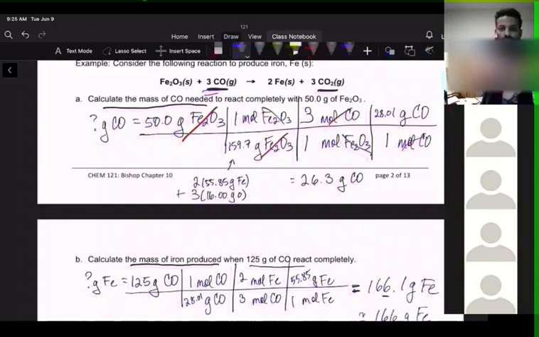And again, we started with 3 significant figures. So at the end, I'm going to round to 3 significant figures.